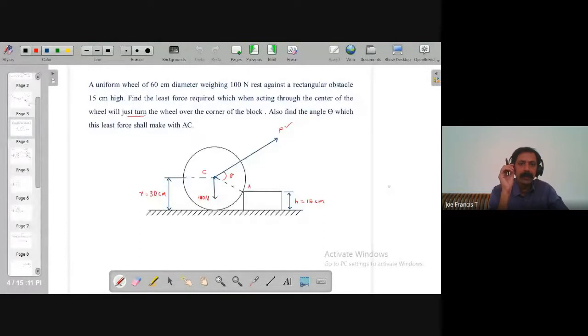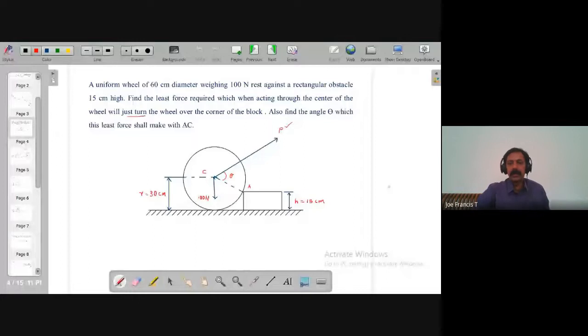Find the least force required, which when acting through the center of the wheel will just turn the wheel over the corner of the block. Also find the angle theta which this least force shall make with AC. So this was the problem that we discussed last class.